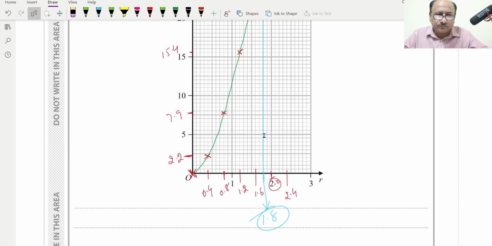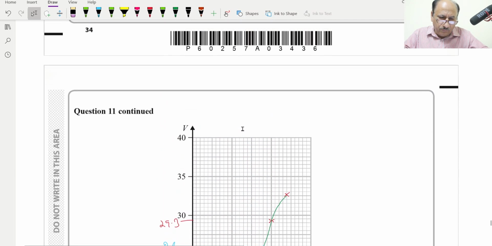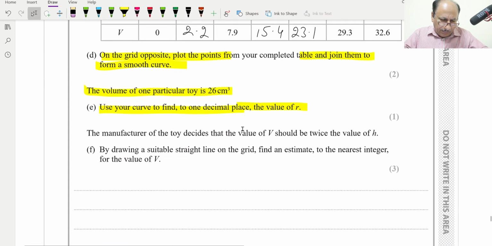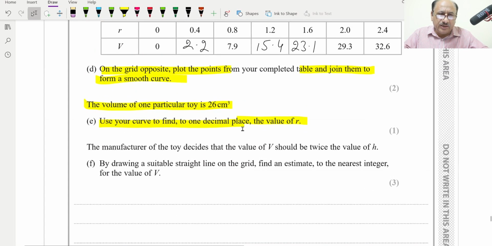Now after this one, 1.8 will be this value which we have indicated. The manufacturer of the tie, the H value we have written.